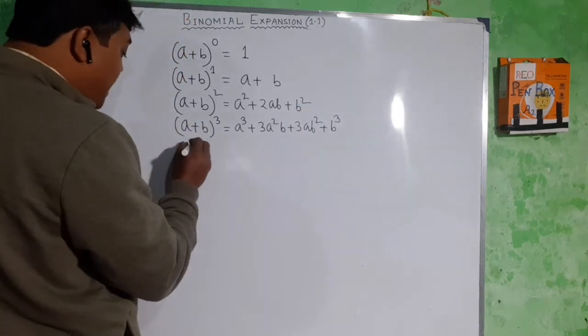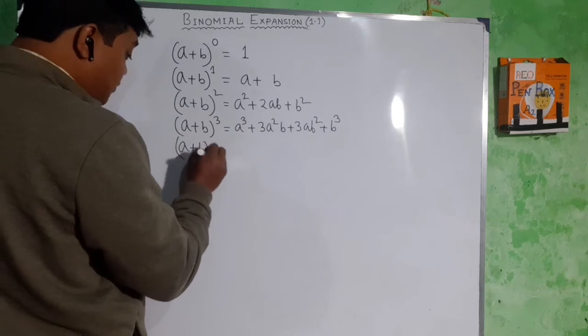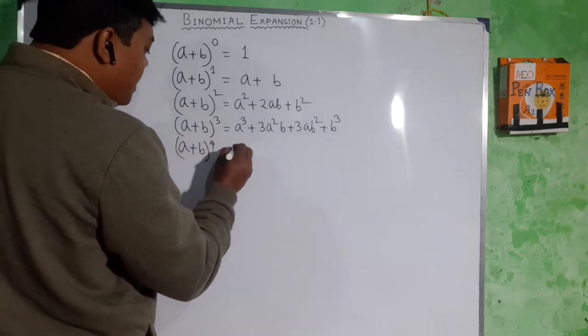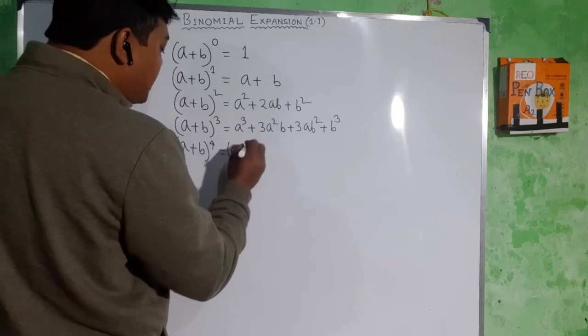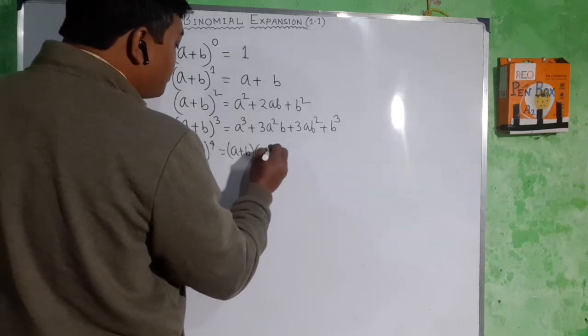And what about a plus b whole to the power 4? Then you have to multiply a plus b and a plus b whole cube.